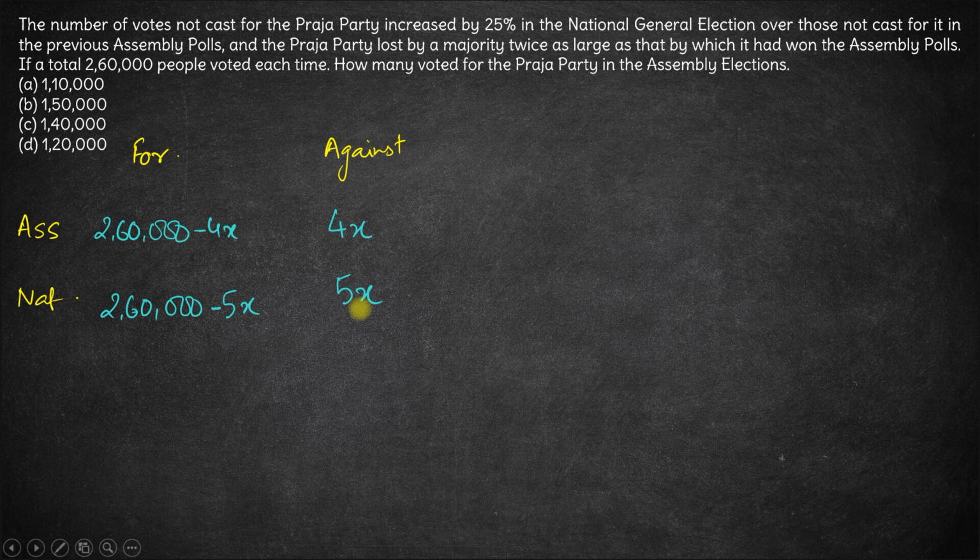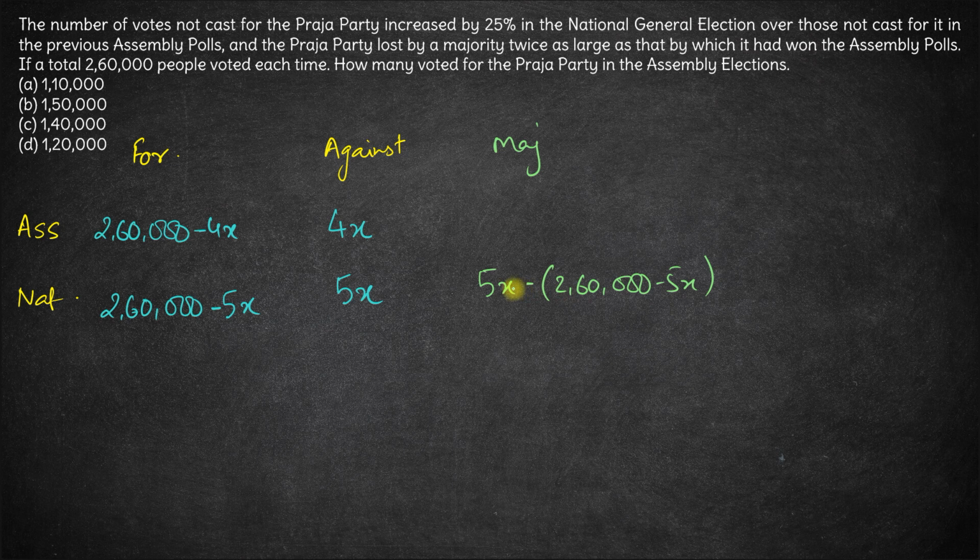Majority is basically the difference between the number of votes for it and against it. Right? So here it says the Praja Party lost the general elections. That means the majority would be votes against it minus votes for it. So 5x minus (2,60,000 minus 5x).